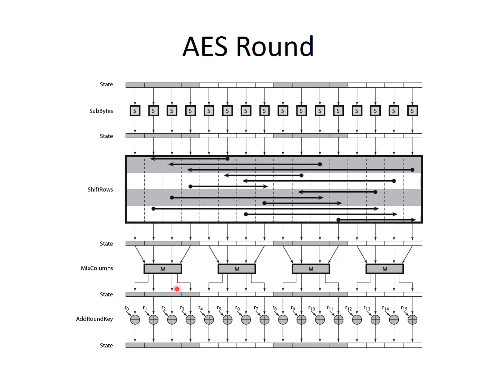Then we will go for mixed columns, that is with a constant value I will multiply it. In the decryption, we will find the inverse of that constant matrix and multiply with that one, and we will get the plaintext back. After that, to that state, I will XOR it with the add round key. Each and every key value will be XORed with that one, so that we will get another state. So these are the operations which happen in a single round of AES encryption, general encryption.